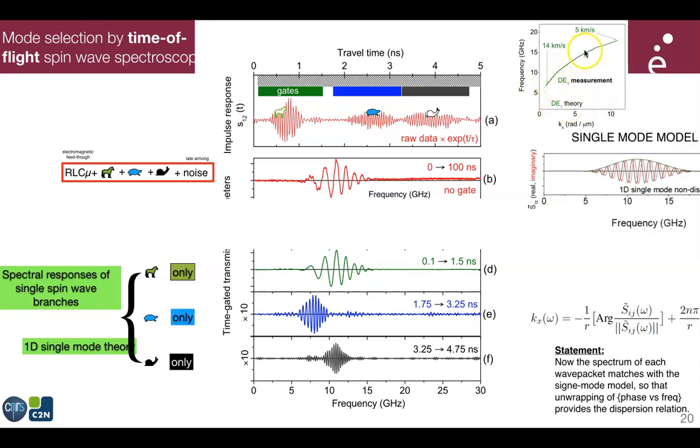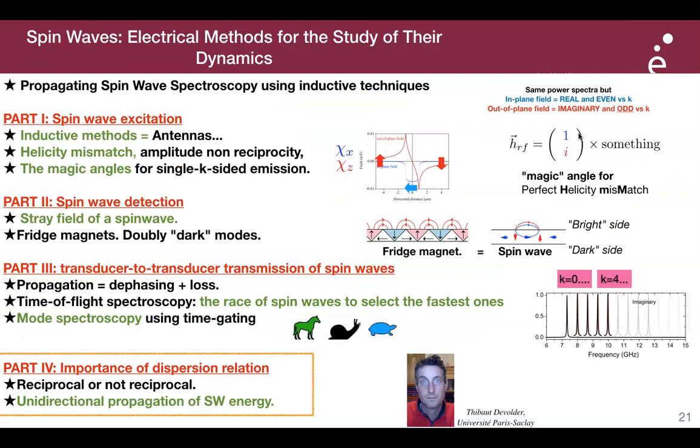And the bold line is the dispersion relation that comes out from these horse spin waves. And the faint line is the theory. And you can see, without any adjusting parameter, that effectively, by organizing a race between the different spin waves, you can find the dispersion relations of each of the families present in your system.